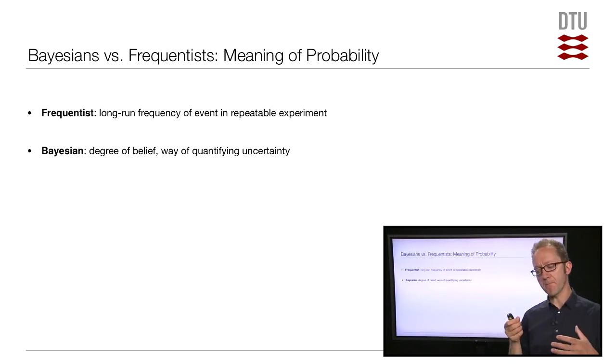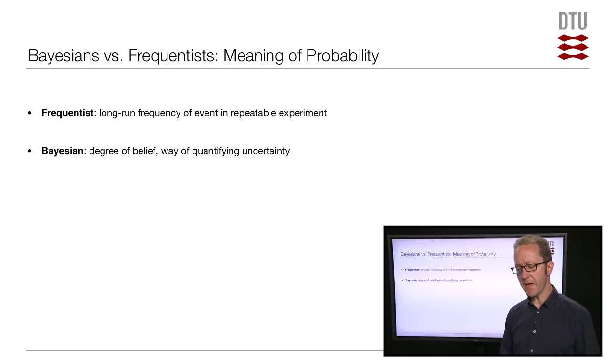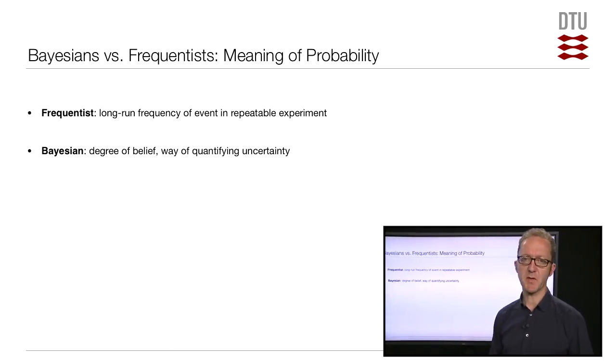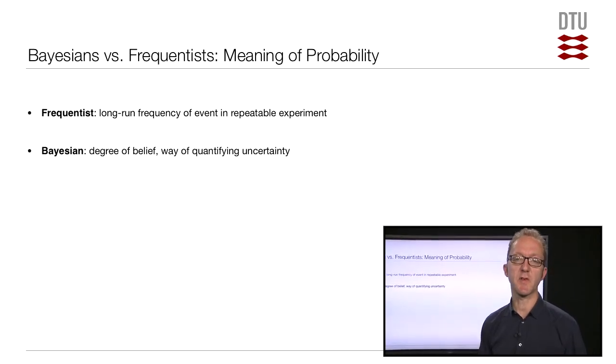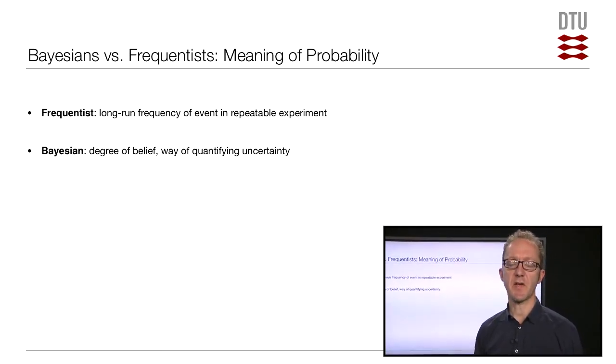Now, the main thing that's different about Bayesian statistics, about Bayesian inference compared to regular ways of doing statistics, is the understanding, the interpretation of what probability means.